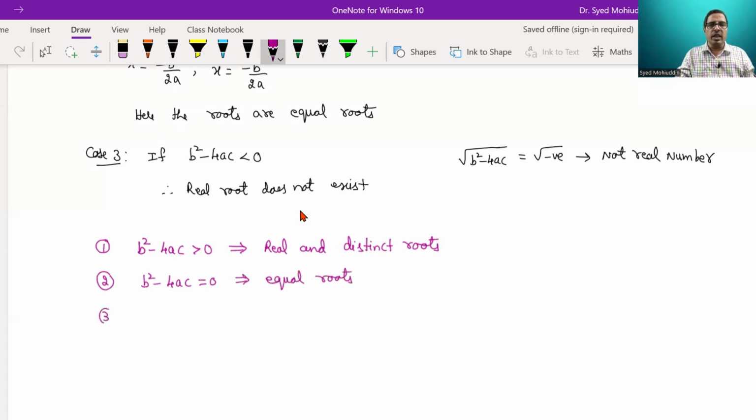And the third case: if b square minus 4ac is less than 0, we do not have any real roots. No real roots will exist. So this is how we can find out the nature of the roots.